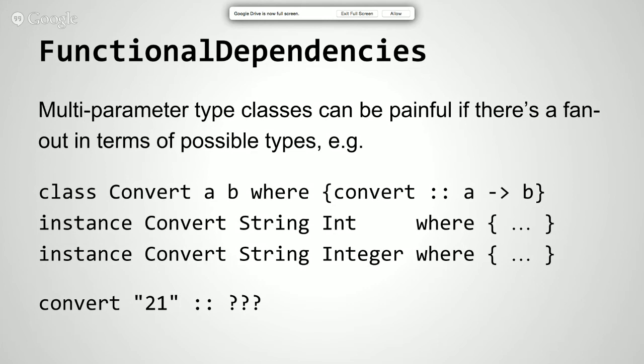An example that isn't really a combinatorial explosion, it's just ugly, is we have a class Convert A B, and that has a member called convert, which is A to B. We have a string to Int and a string to Integer, and then if we see convert 21 in code, what is it? If there's some kind of context clue, like we use that value later on, we might know, but in general, that could be an Int, or it could be an Integer, or if there's another Convert instance, it could be something else.